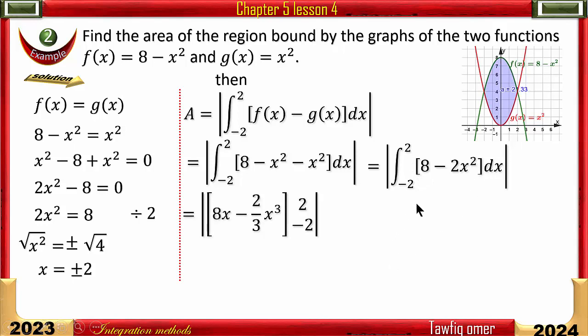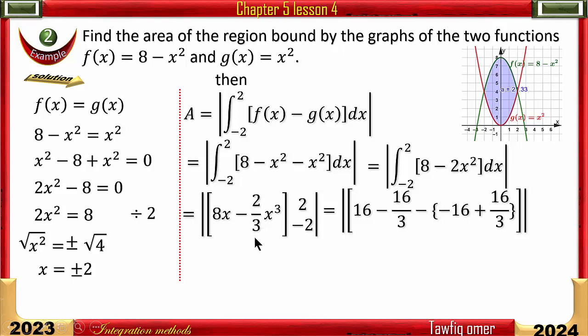By taking the integration, the integral of 8 is 8x minus the integral of 2x squared, which is 2 over 3 x cubed. Now replace x with 2 the first time, so it becomes 2 times 8 is 16 minus 2 cubed is 8, 8 times 2 is 16 over 3.